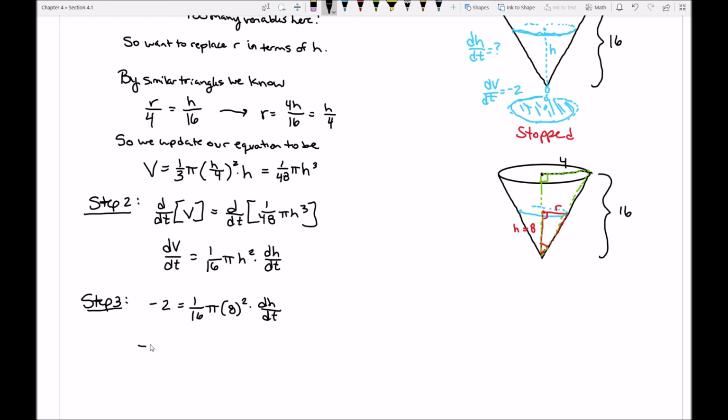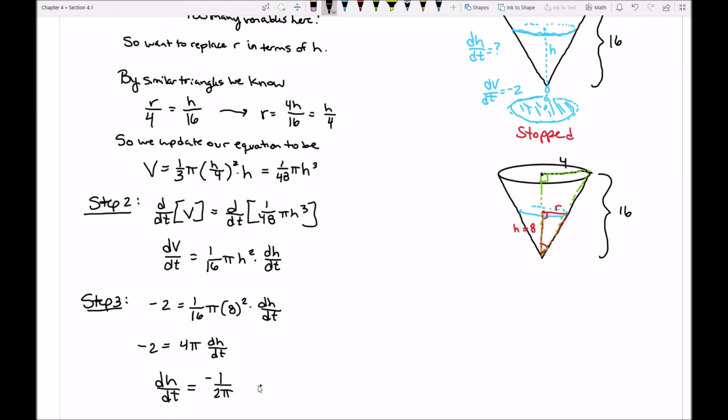So let's see, if I simplify this up a little bit more, notice here I'm going to get 64 over 16. That's actually going to simplify to just 4. And so if I kind of take this all the rest of the way, I'm going to end up with dh dt is equal to -1 over 2 pi, because when I divide that 4 pi over, I'm going to get 2 and a pi in the denominator. Now, of course, I want to put some units on this.